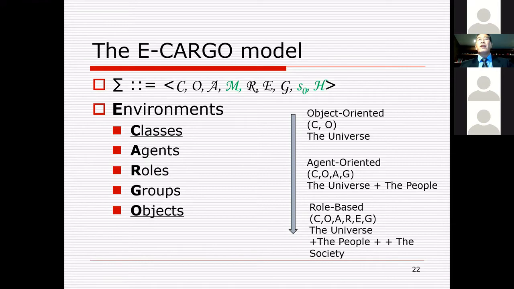You will find it's developed from object orientation, which mainly concerns classes of objects. Agent-oriented adds two more components, classes of objects and groups of agents. And Ecargo, by role-based collaboration, adds two things: roles and environment. So you can see an environment is composed of roles. So this is a concise one.